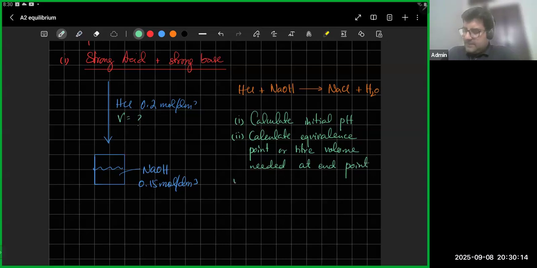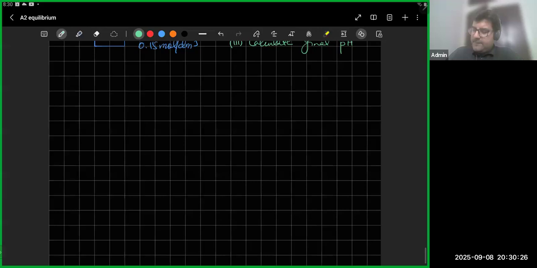Then finally, number three is you need to calculate the final pH. So I'm going to sketch a rough curve, but I'm going to assign values to it.